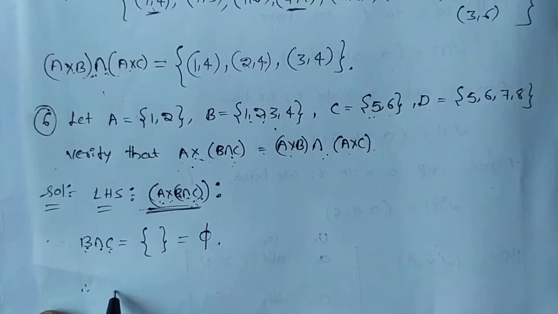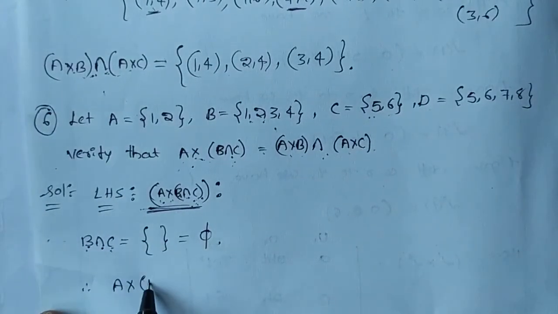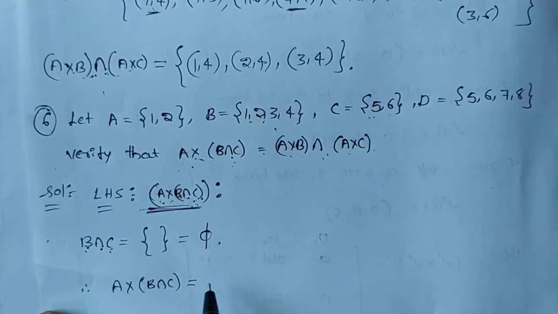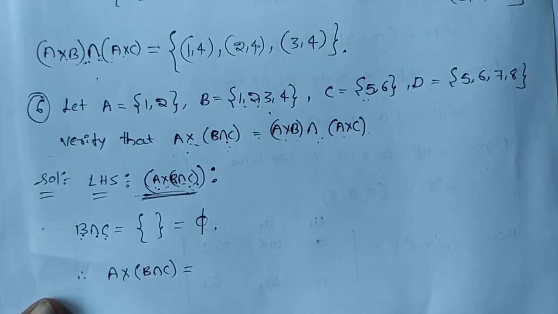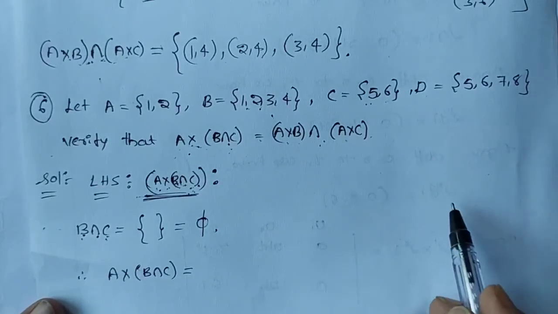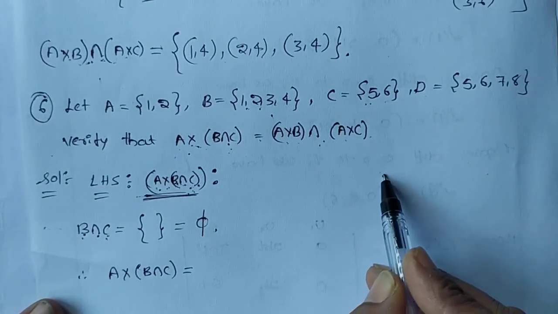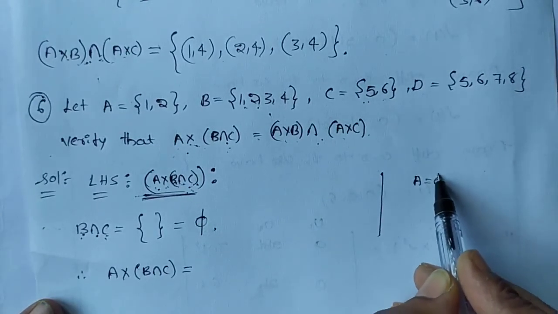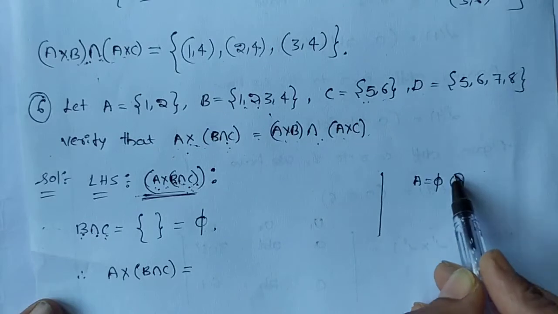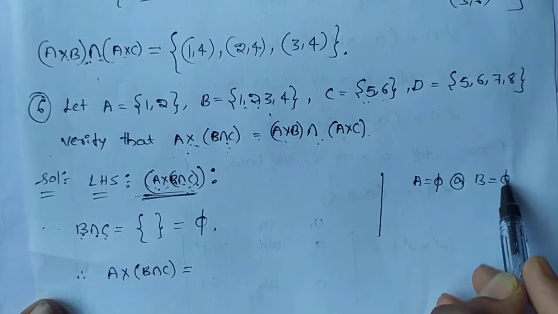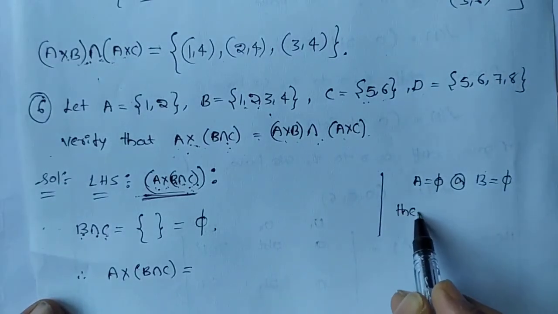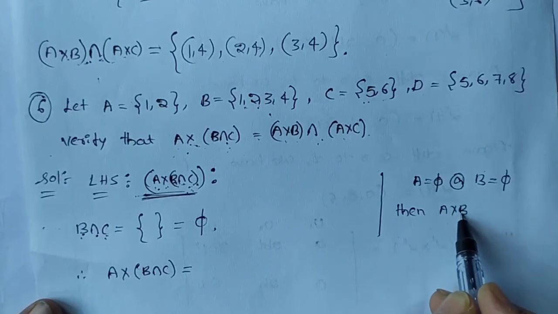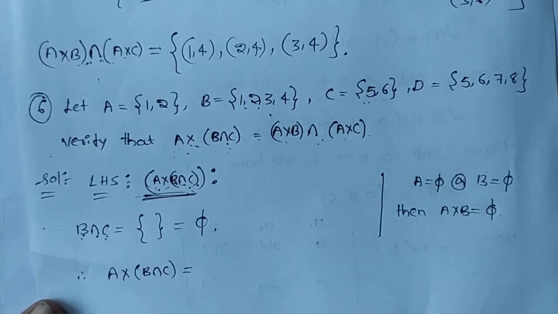Therefore, A cross B intersection C is what? In our previous class, I already told you in the note point itself that if A is a null set or B is a null set, then A cross B is also a null set.